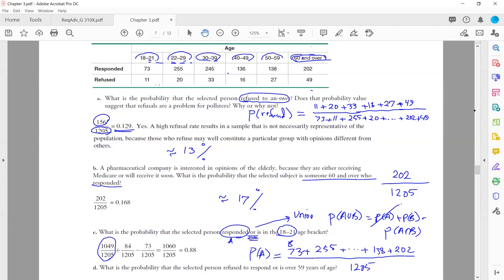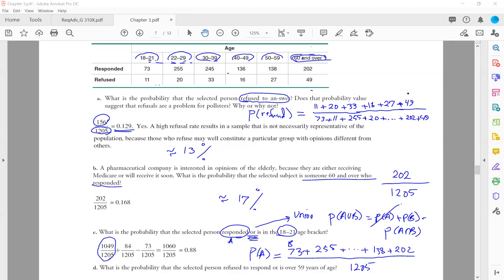Plus P of B. P of B, what is B? B is 18 to 21.